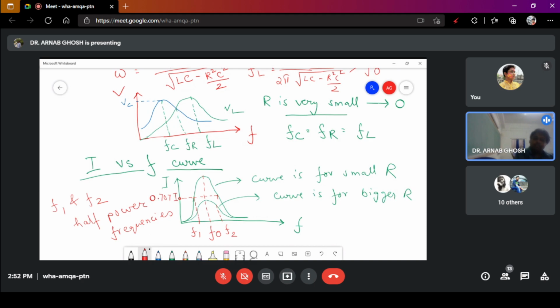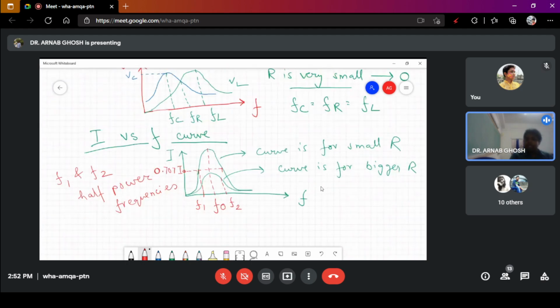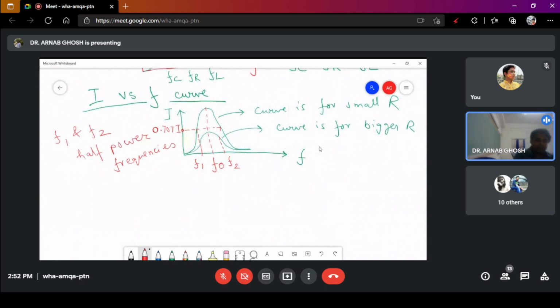Therefore, these frequencies are known as the half power frequencies. At F1 and F2, current is 1 by root 2 times of maximum.